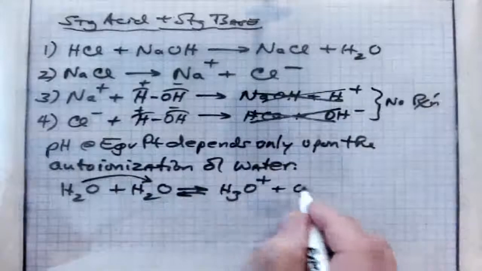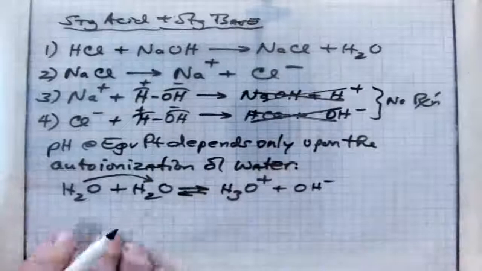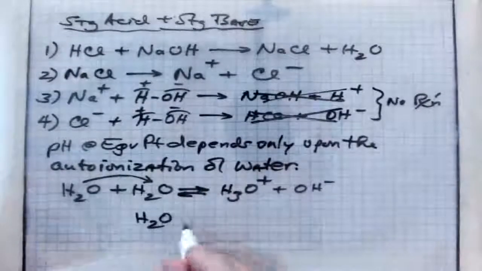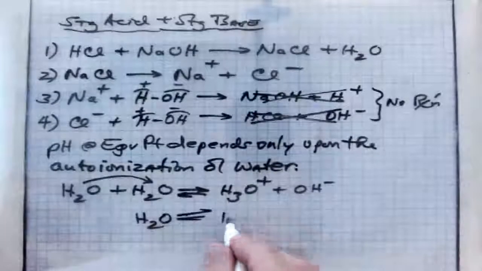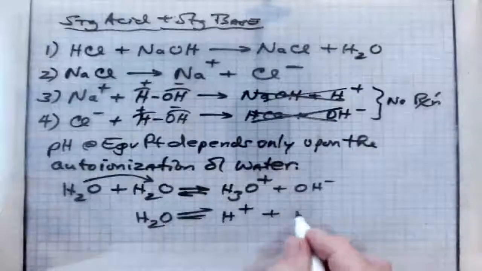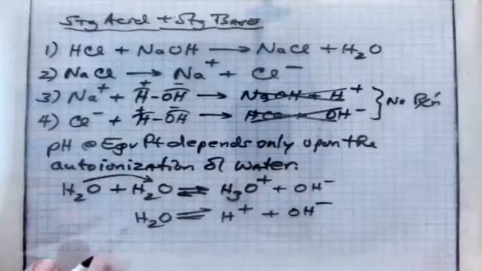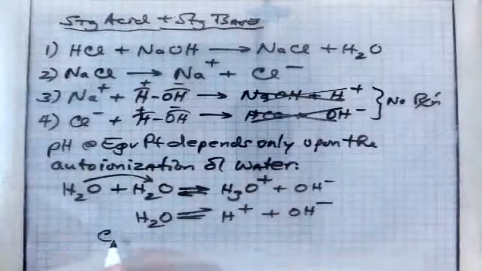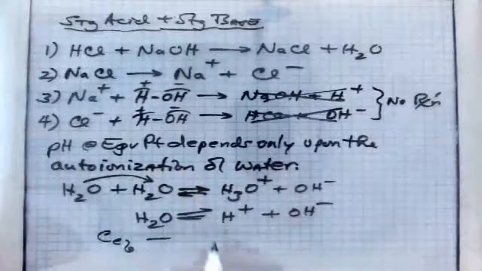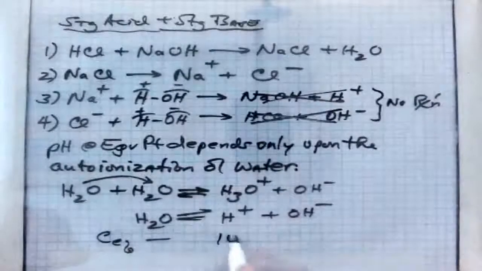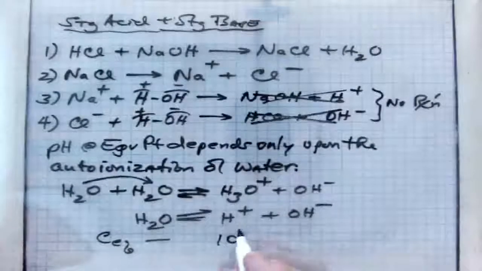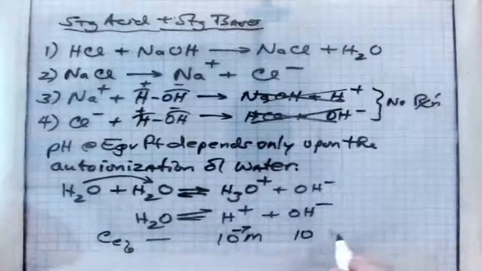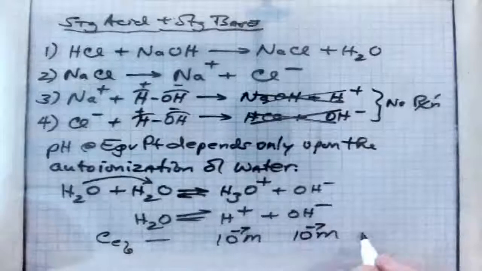And with this, we can calculate the pH to equal minus log of the hydronium ion concentration, which is equal to minus log of 10 to the minus 7, which is 7. For any strong acid, strong base titration, you will have an equivalence point at pH equals 7.